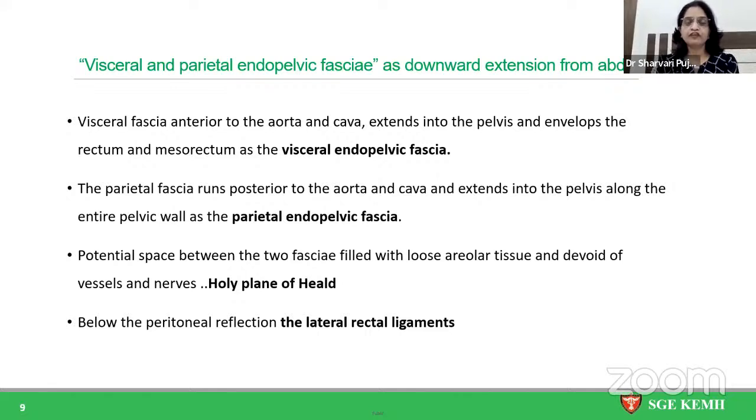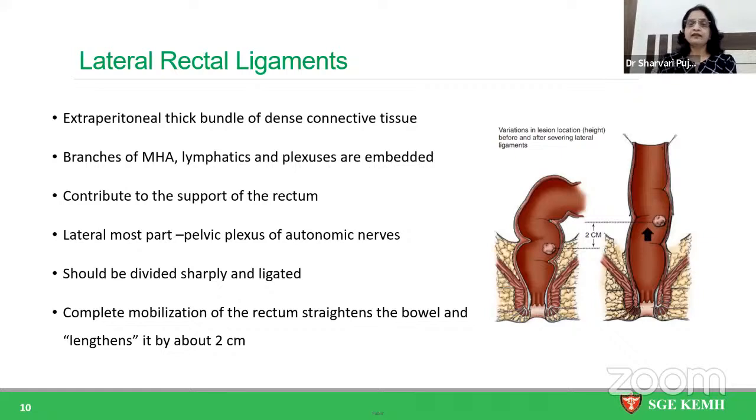Now, below the level of peritoneal reflection, the rectum is supported by the lateral rectal ligaments. These lateral rectal ligaments are extraperitoneal thick bundles of dense connective tissue, and they contribute to the support of the rectum.